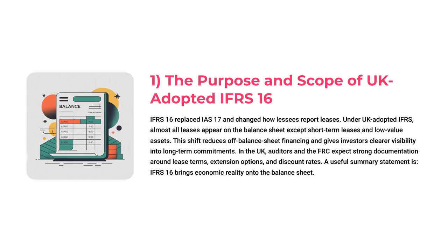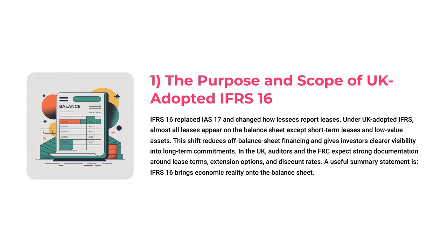The purpose and scope of UK-Adopted IFRS 16. IFRS 16 replaced IAS 17 and changed how lessees report leases. Under UK-adopted IFRS, almost all leases appear on the balance sheet, except short-term leases and low-value assets.